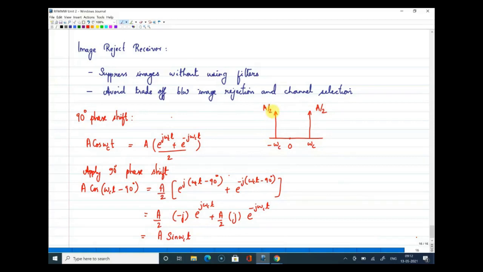Now, if I'm applying 90-degree phase shift to this cosine wave, by looking at the components I have written, I can say that at minus omega c, you have a component of j into A by 2, and at plus omega c, the component is minus j into A by 2. Right. Again, this is not something new. You already know this.